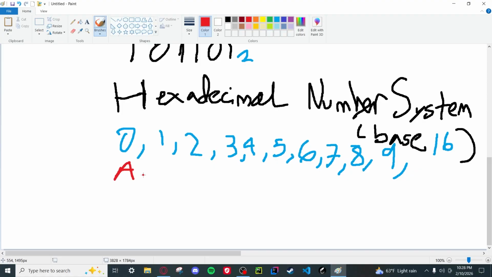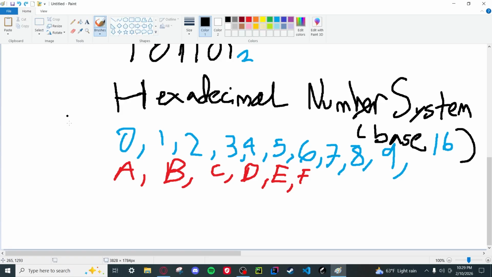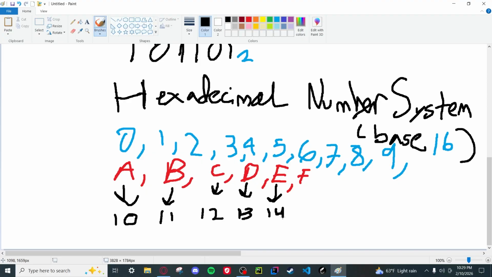We're gonna have A, B, C, D, E, and F. Sorry, I'm on the wrong tab. A representing 10. B representing 11. C representing 12. D representing 13. E representing 14. And F representing the number 15.